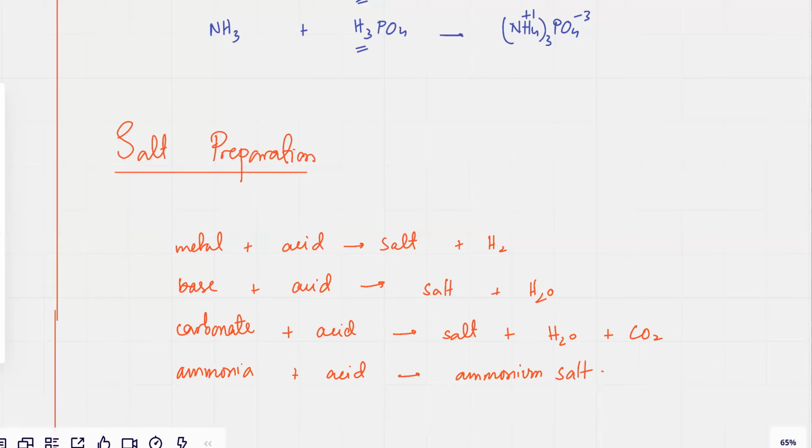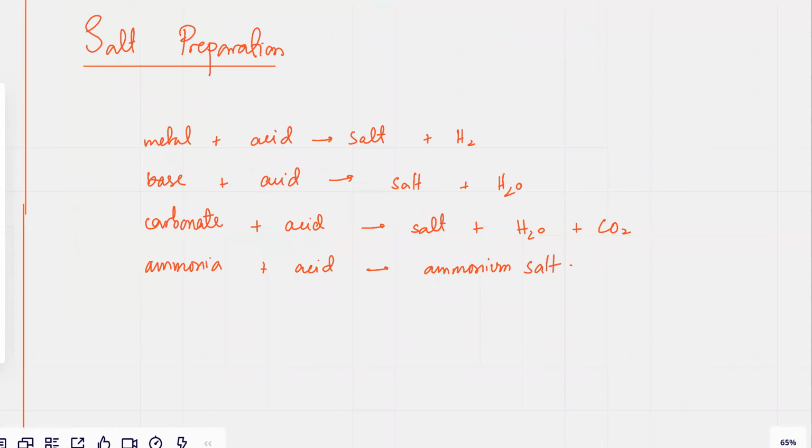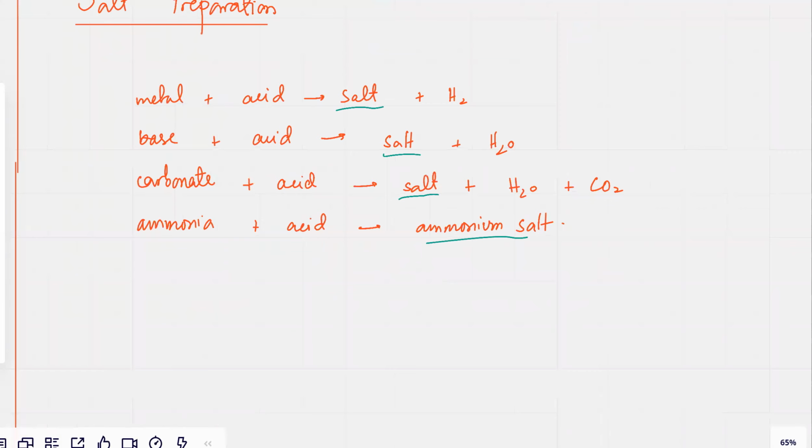So 4 reactions for salt preparation. It's up to you which reaction you want. Every single one of them is going to produce a salt. Now the first thing is, if they want you to prepare a salt like NaCl or any salt, let's say they want you to prepare MgSO4, so you should know how to write the equation in reverse. If the question specifically is asking you to make MgSO4, which reaction would you use?